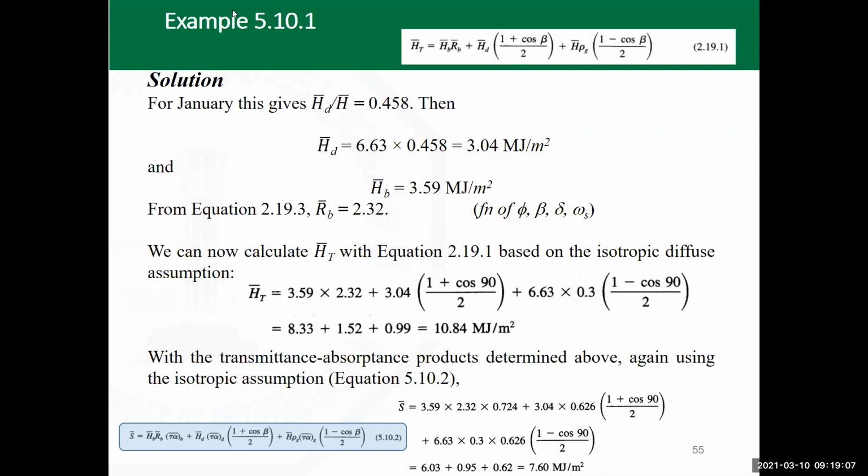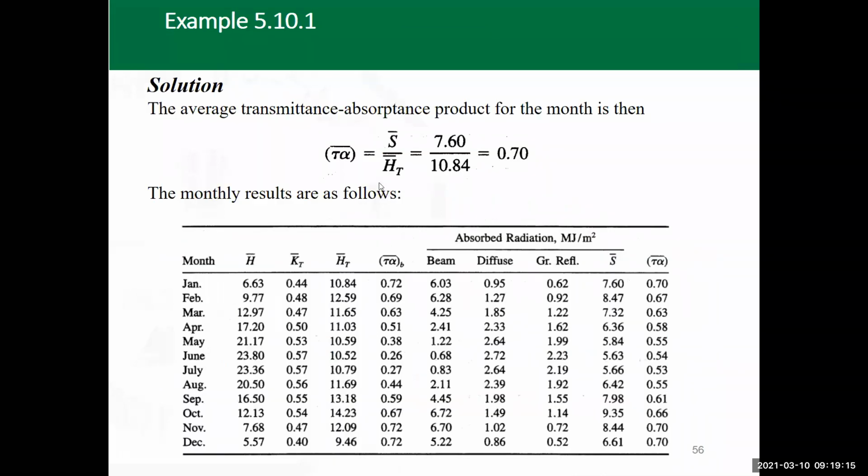So in the example, he wanted us to calculate the value of H, the value of S, and also the value of average tau alpha, which by definition is S over HT. S has been calculated, HT has been calculated, so the average tau alpha for the month of January is 0.7.